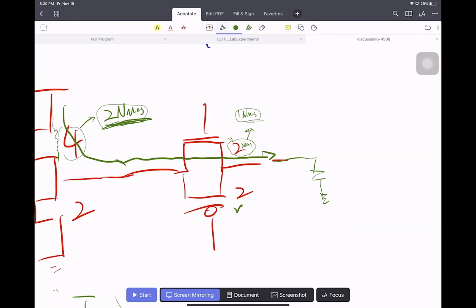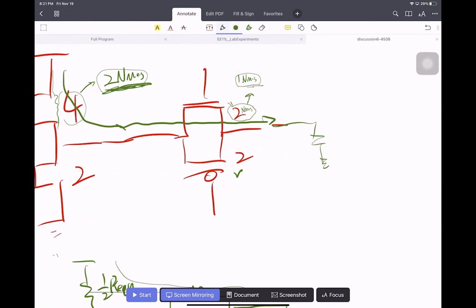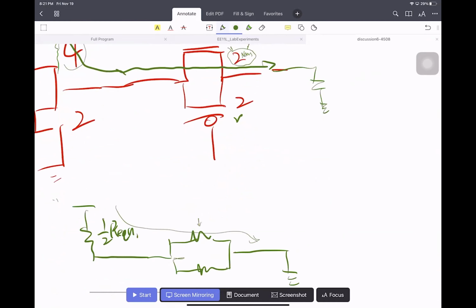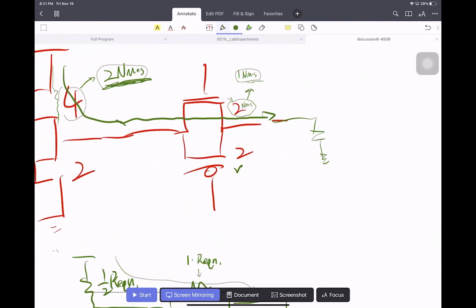So the actual strength of this NMOS is equivalent to the size of 1 NMOS working normally. So that's why the value of this resistance is equal to 1 times R equivalent N, because it works in a weak condition.